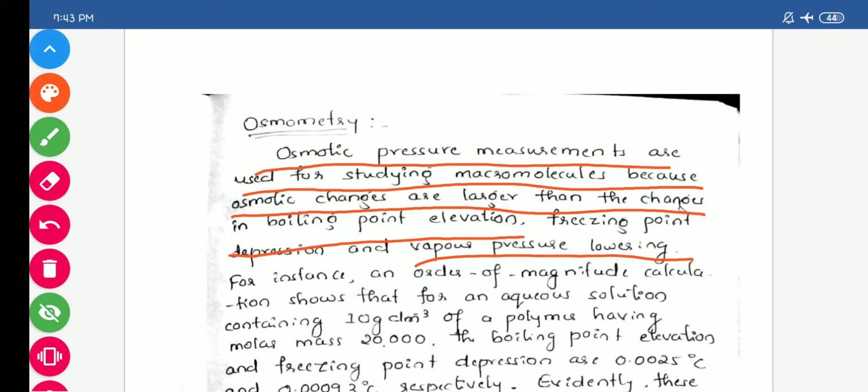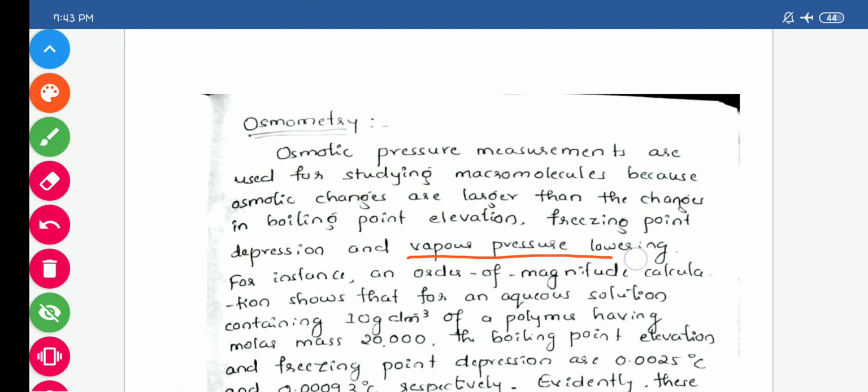Colligative properties are the properties which depend upon the number of moles of the solute particles. Depending upon the number of solute particles, these properties are different. Those are four properties. This you learned in BSc first year itself: boiling point elevation, freezing point depression, vapor pressure lowering, as well as osmotic pressure.